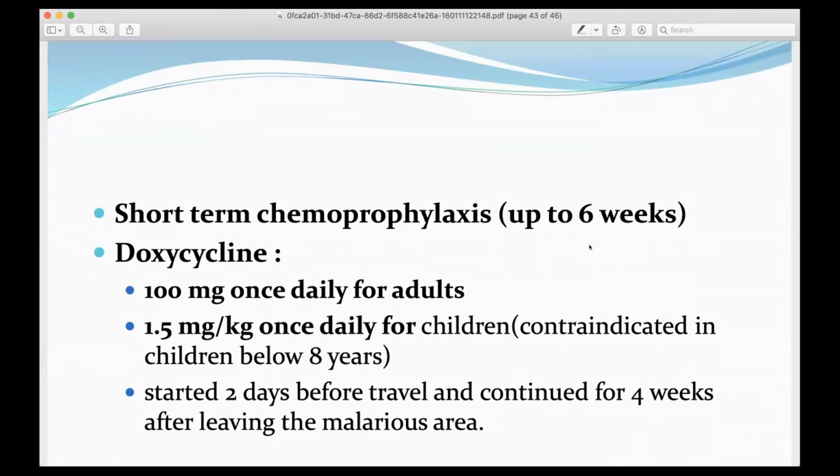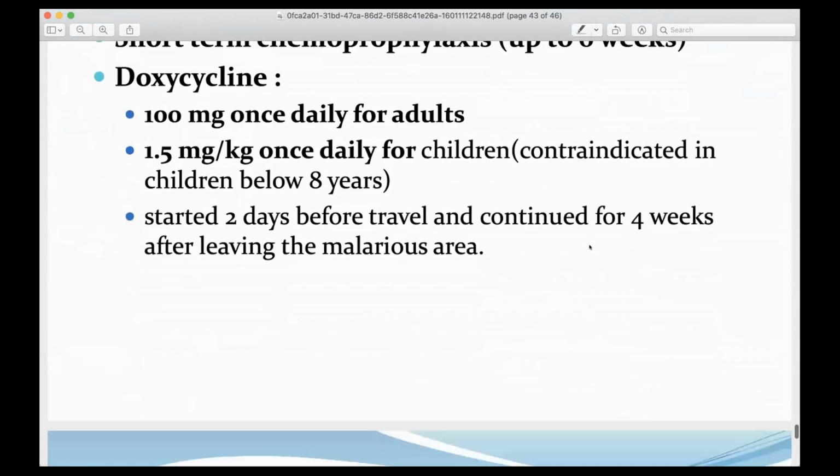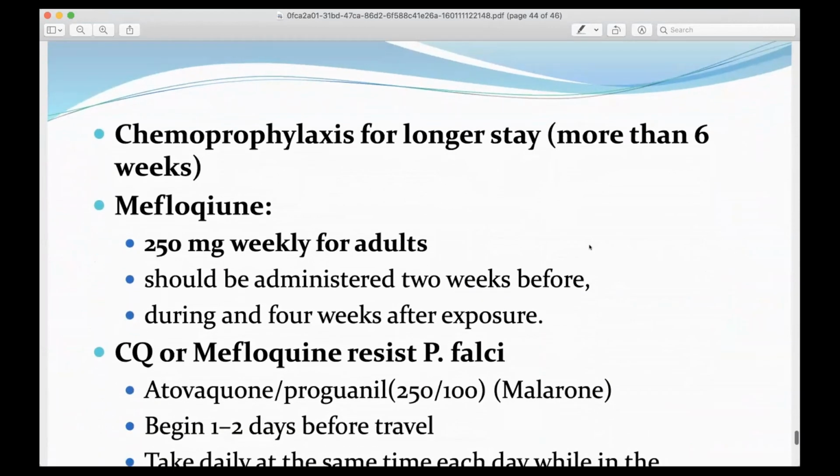Either doxycycline 100 milligram once daily for adults; in children it is contraindicated. For more than 6 weeks, mefloquine weekly 250 milligram is recommended.